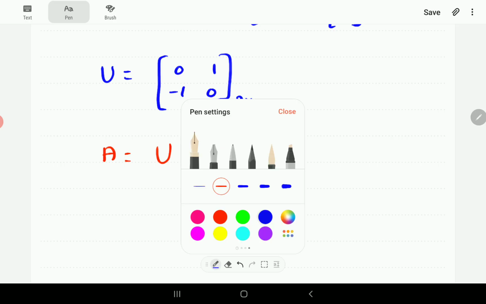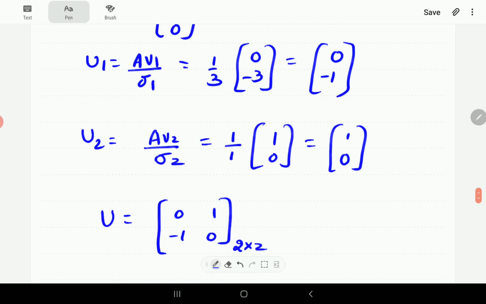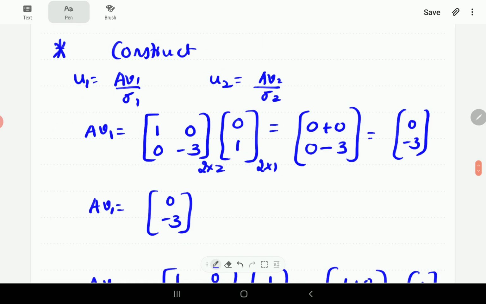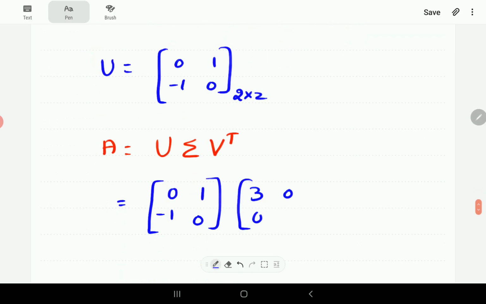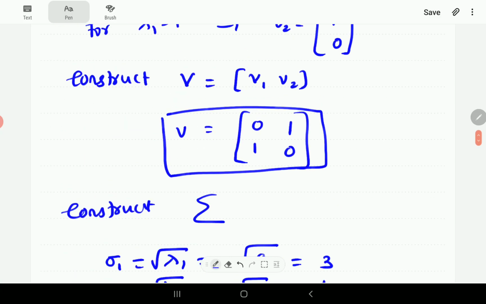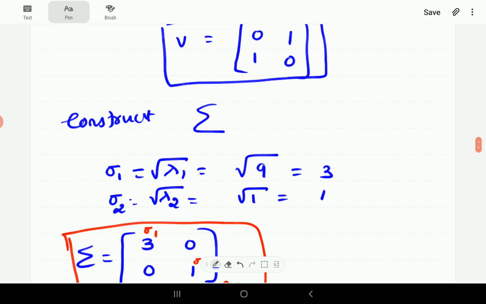So our U is 0 negative 1 1 0 and sigma is 3 0 0 1, and V transpose, because our V is 0 1 1 0, it is like a symmetric matrix, so we still get 0 1 1 0.